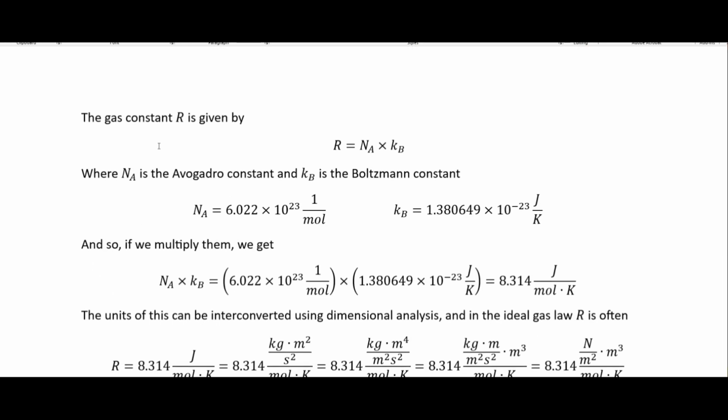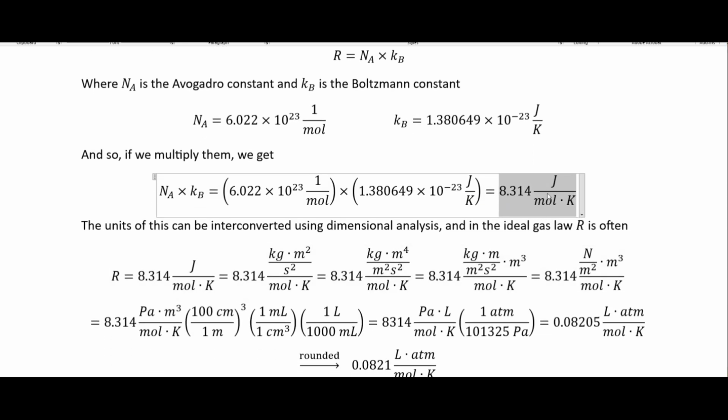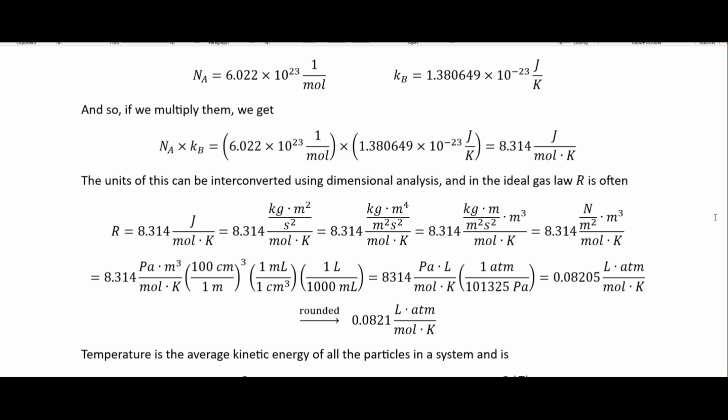Then if we look at the gas constant R, this is actually obtained by just taking Avogadro's constant, that's N sub A, and multiplying by the Boltzmann constant, which is just a conversion between temperature and energy. So we just take those two constants here, we multiply them together, and that gives us our gas constant right here. And so this is the gas constant in units of joules over mole times Kelvin, but this can be interconverted, as I said, into a ton of different values just depending on what the units are.